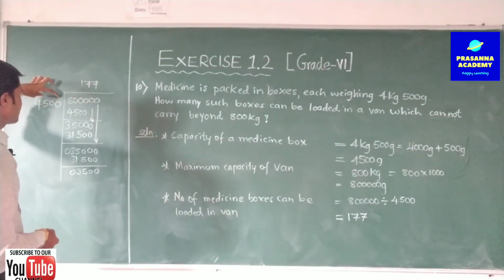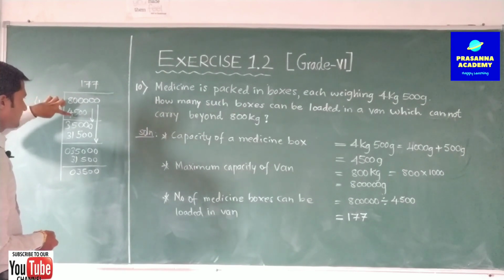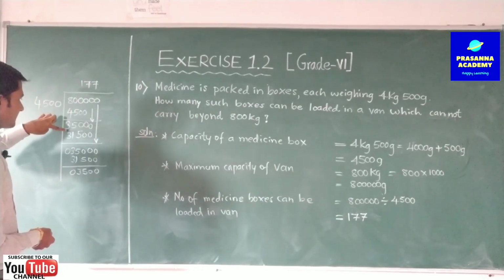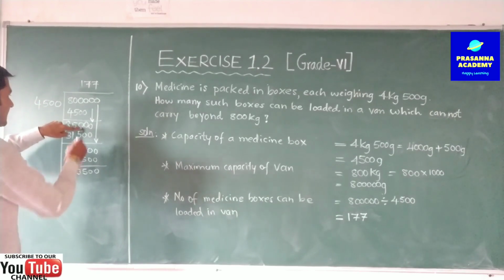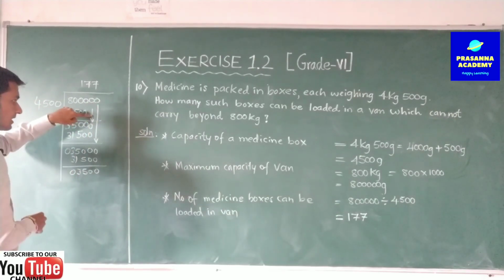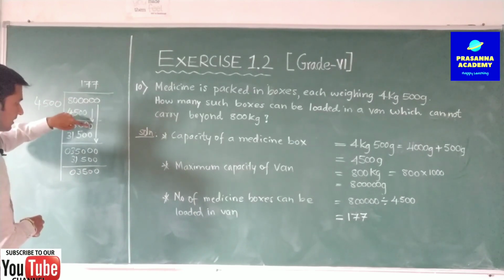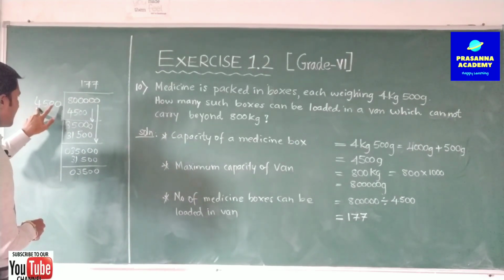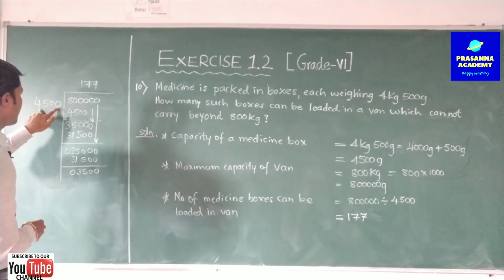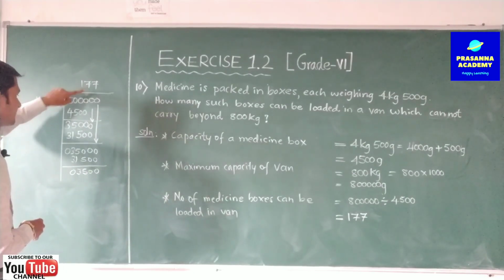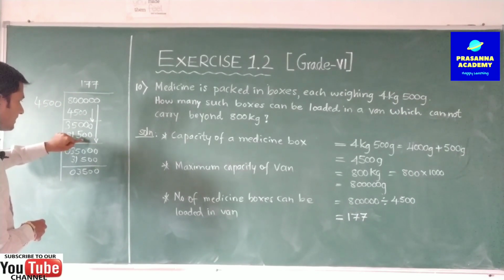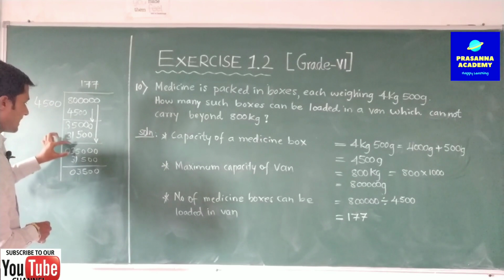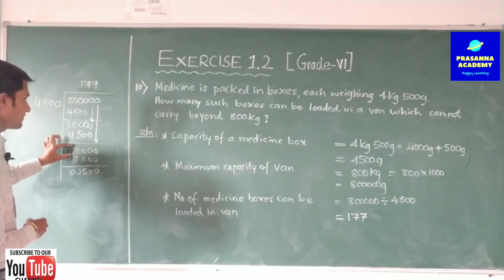First I take 4500 ones are 4500, and if you subtract this 4500 from 8000, you will get the remainder as 3500, and I need to take this 0 down. Once I take this 0 down, I will get 35,000 gram. Now again I am going to multiply this 4500 with 7, so that I will get 31,500, and I am going to subtract this 31,500 from 35,000, and I will get the remainder as 3500 once again.